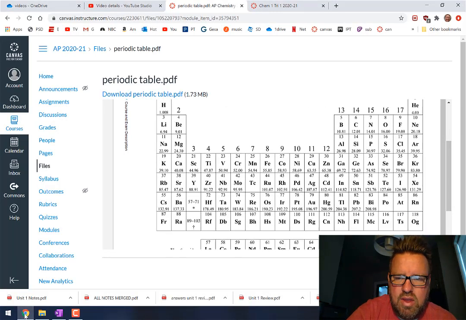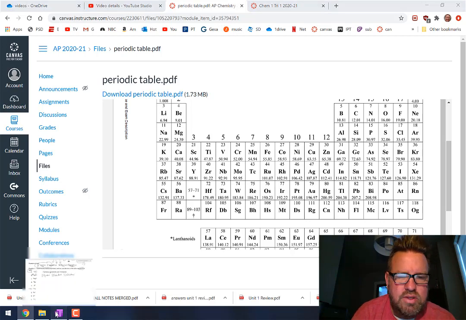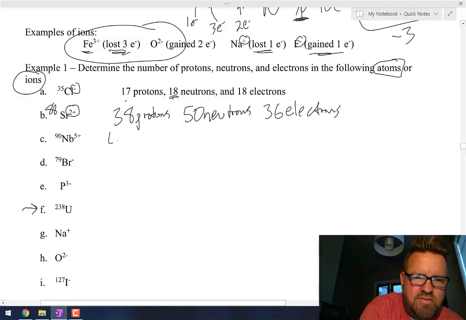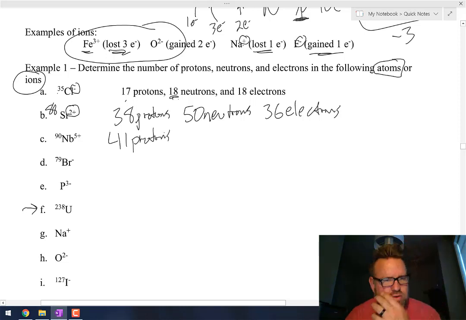Okay, letter C, Nb, has a mass of this one right here, and again, its average atomic mass is 92.91, but I give you the mass of 90. So its atomic number is 41. That means it has to have 41 protons. And again, if I give you the mass, don't use the mass on the periodic table.